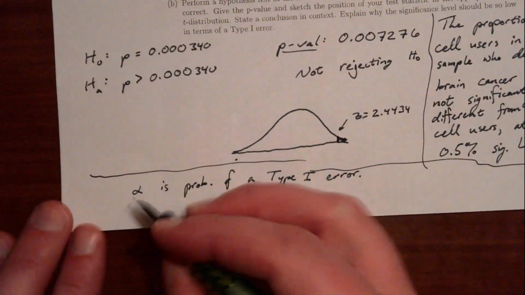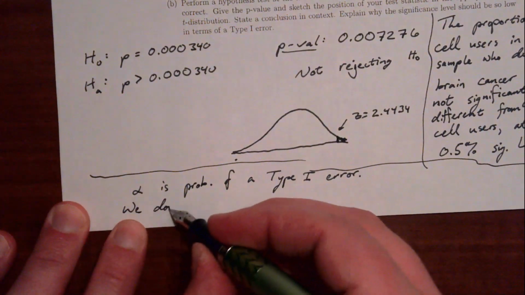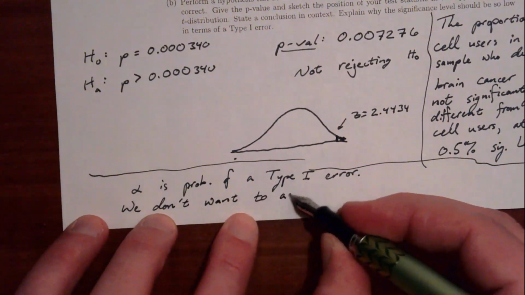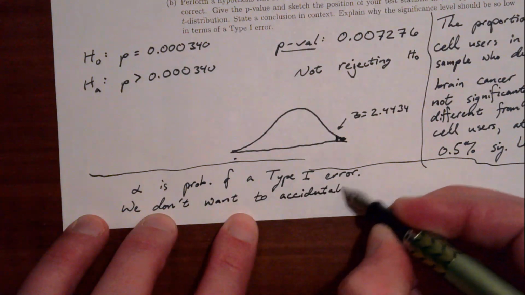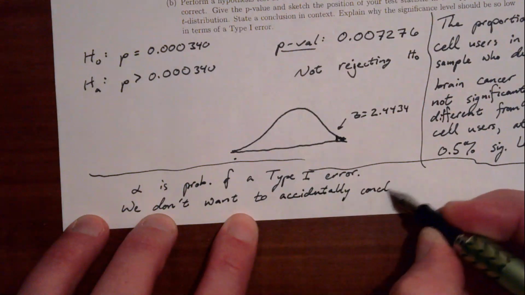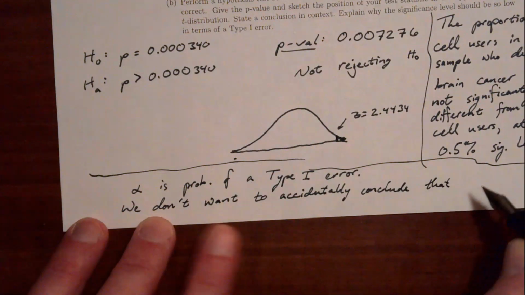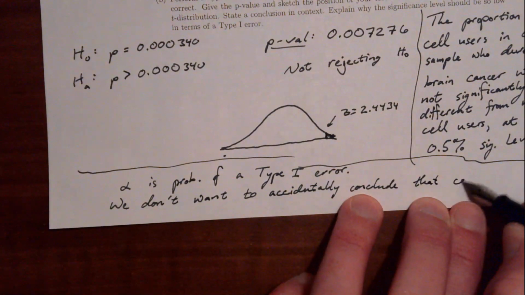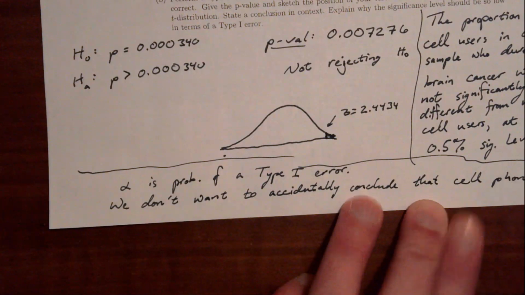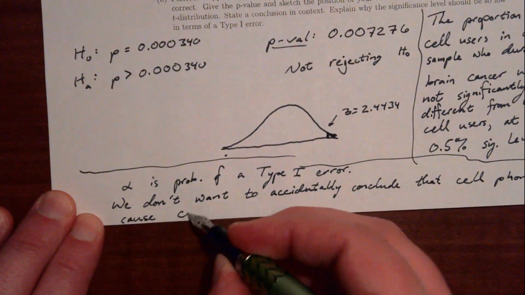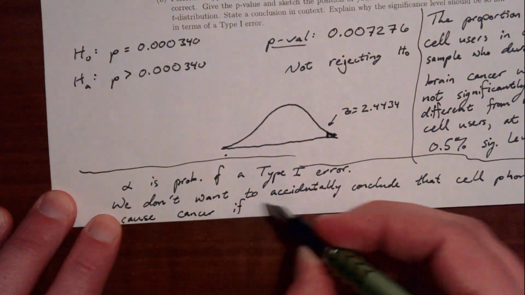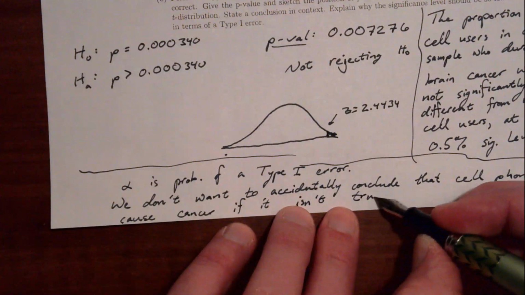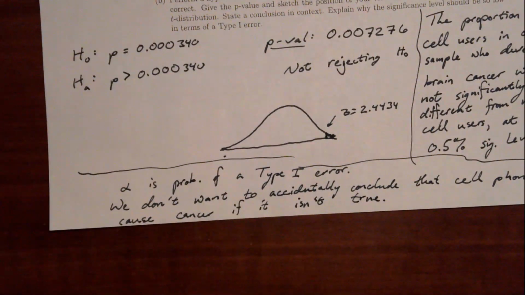So we don't want to accidentally conclude that cell phones cause cancer if they don't, if it isn't true. So that's why we want to be strict on this one.